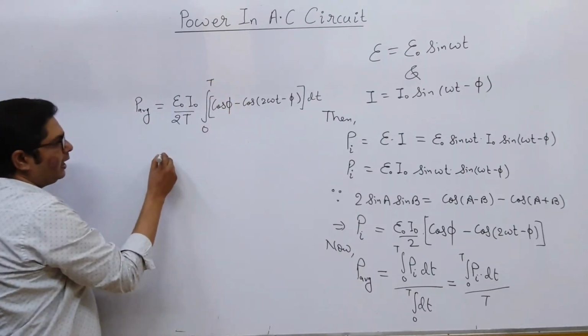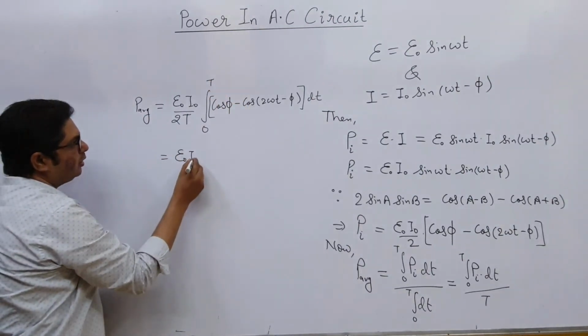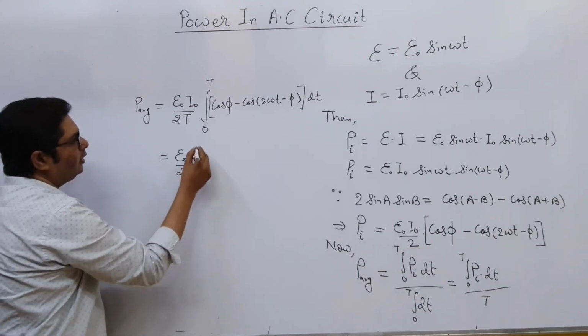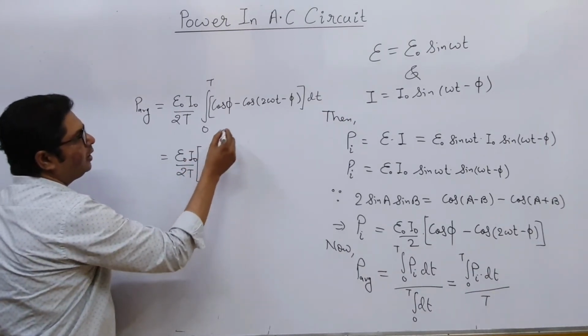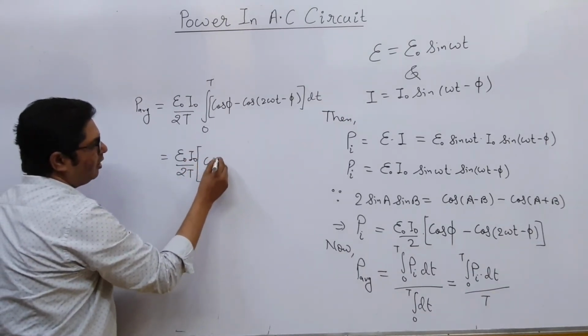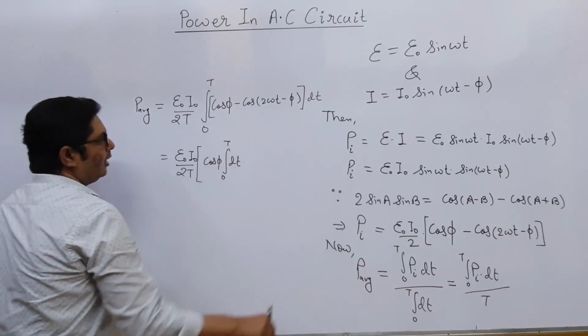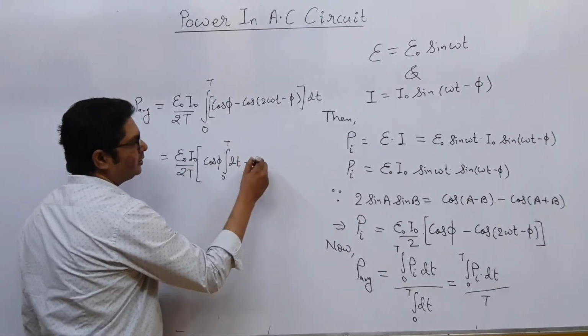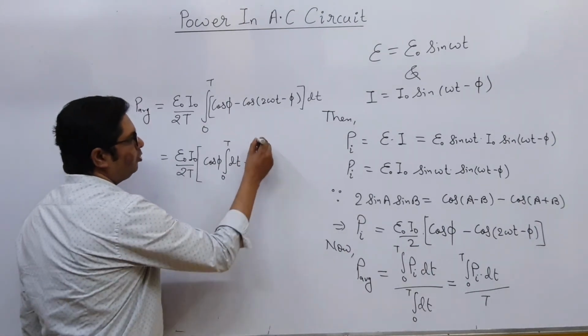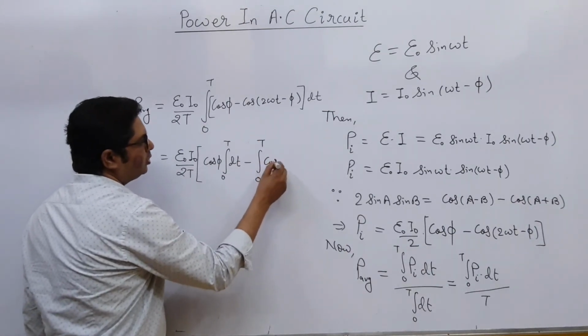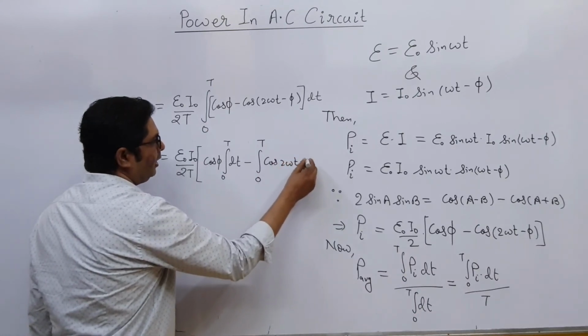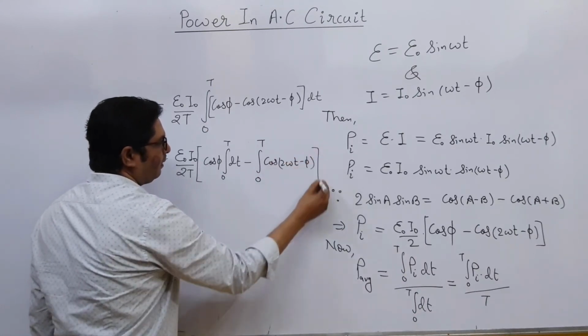This can be written as E naught I naught upon 2T in the bracket. Here you have cos phi integration 0 to T dt, and you have minus integration 0 to T cos(2 omega t minus phi).